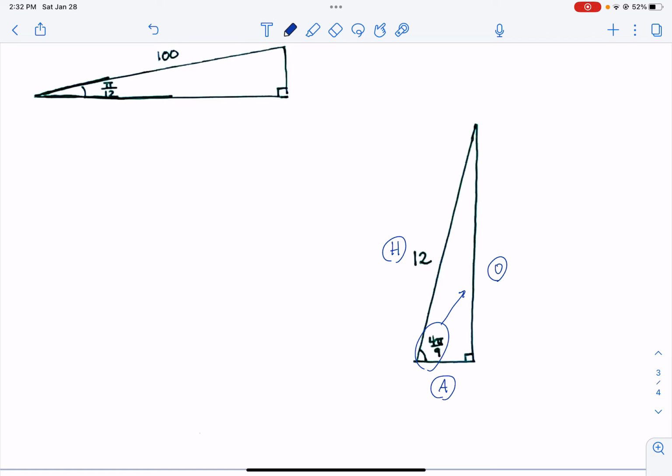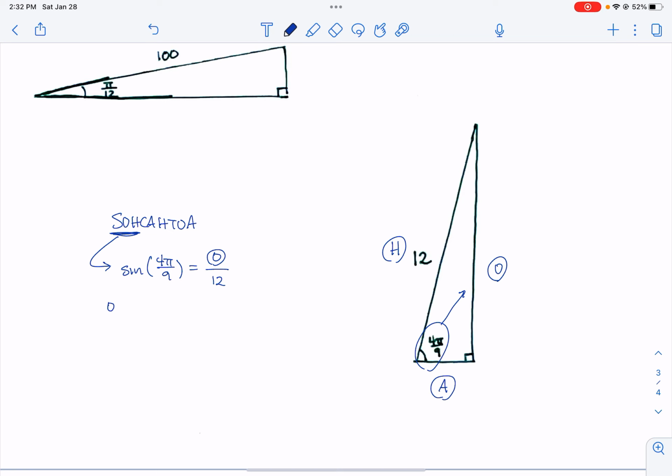Now let's set up some equations. Let's use our SOHCAHTOA. Right? We'll go ahead and start with the sine equation. That tells me sine of 4 pi over 9 equals my opposite over my hypotenuse.